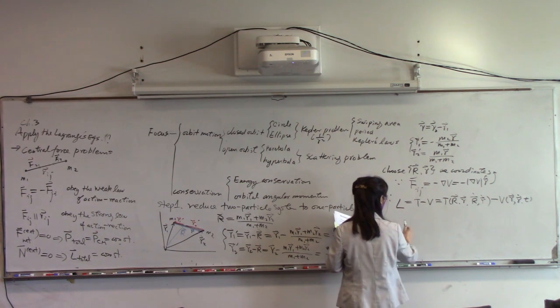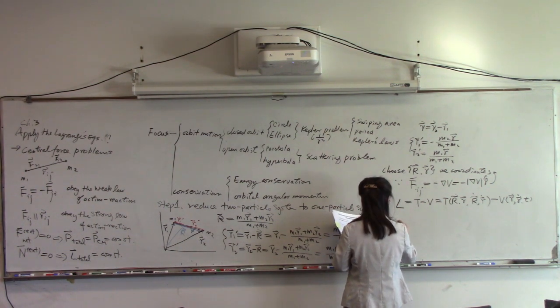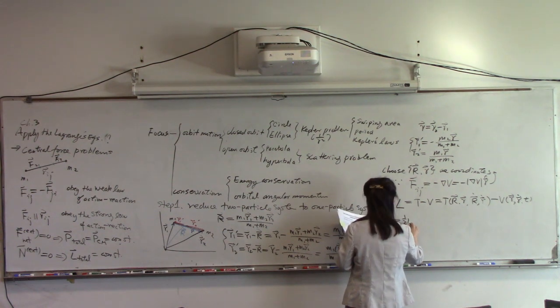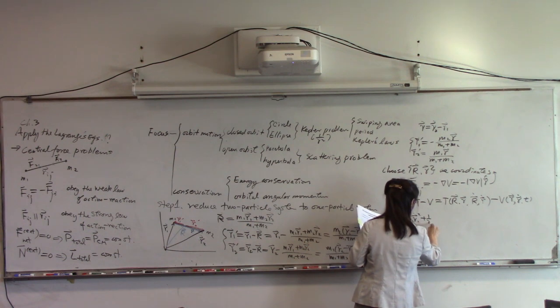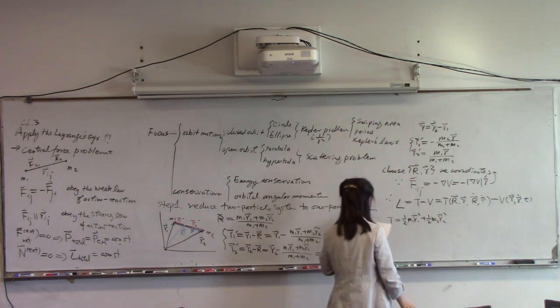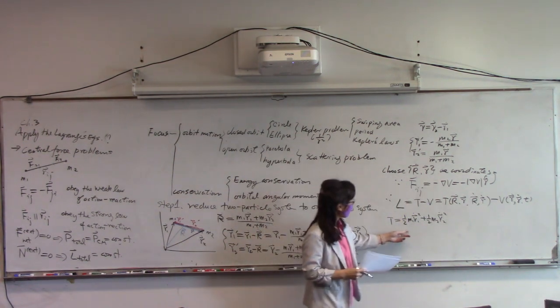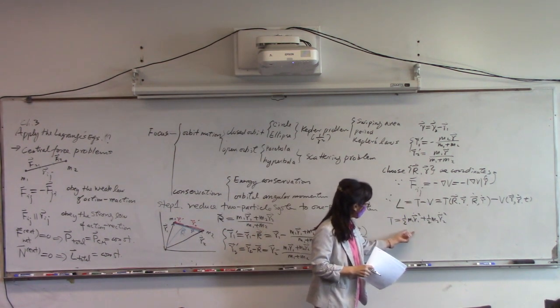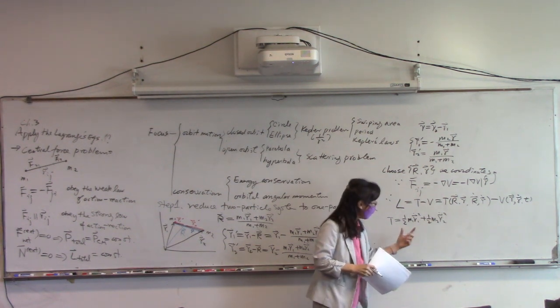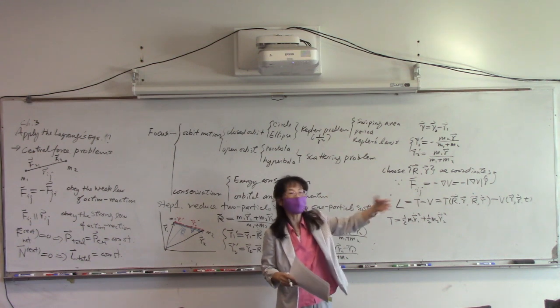So now, if we write it this way, we are going to rewrite the kinetic energy. First, the kinetic energy is equal to half of M1 R1 dot squared plus half of M2 R2 dot squared, right? As I mentioned in chapter 1, you can either write the total kinetic energy in terms of each individual, or classify it into the center of mass kinetic energy and the relative kinetic energy.